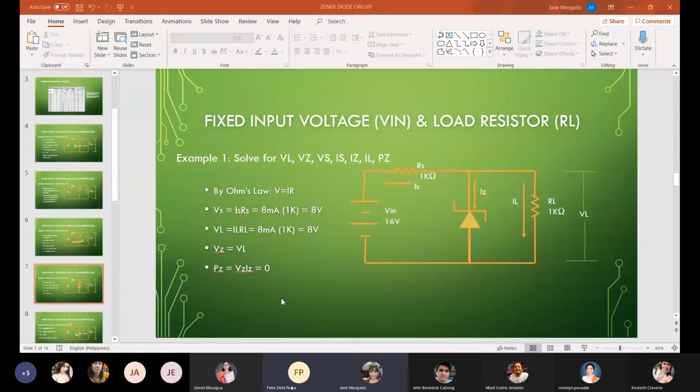Yan. Oo, nilagay ko lang ulit yung Zener doon just to show na it's always there. It's just that it is off because the voltage across RL is not enough to turn on the Zener diode. But yes, 8 volts is correct.